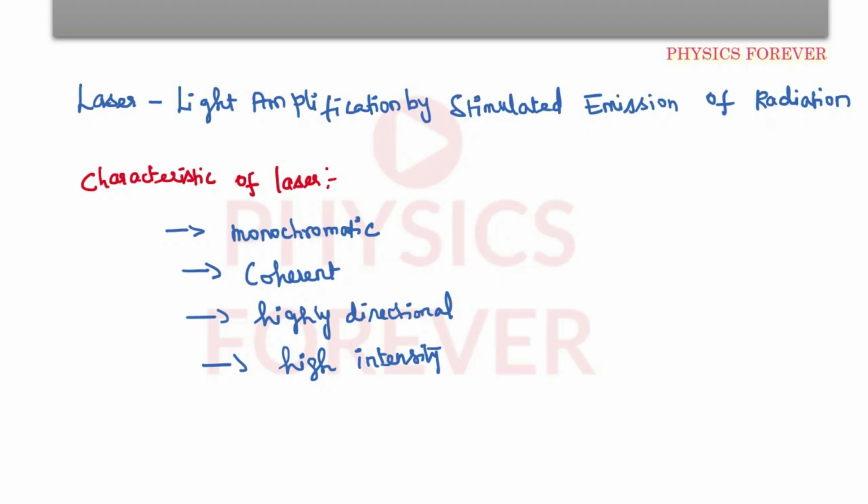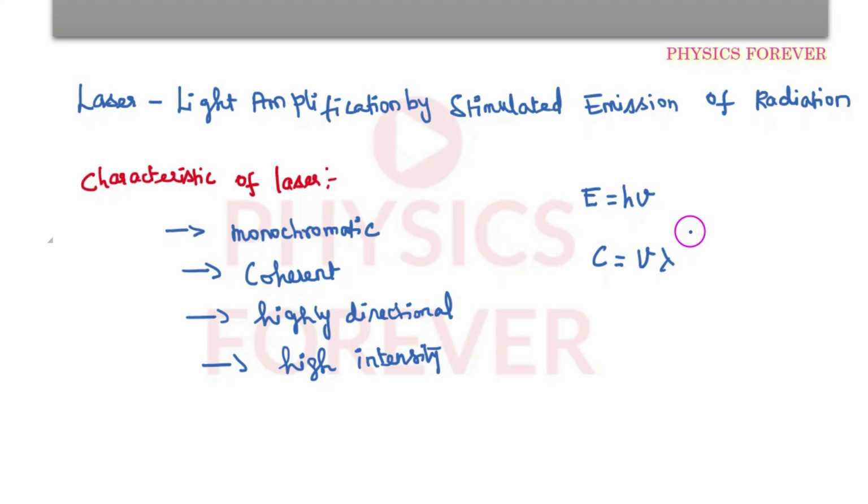Next we discuss the energy relationship and wavelength relationship. The energy relationship is E equals h nu. The wavelength relation is c equals nu lambda. We discussed those in the last classes.